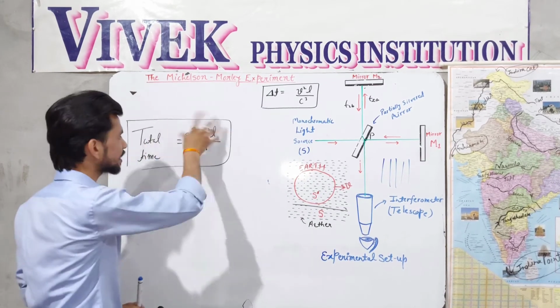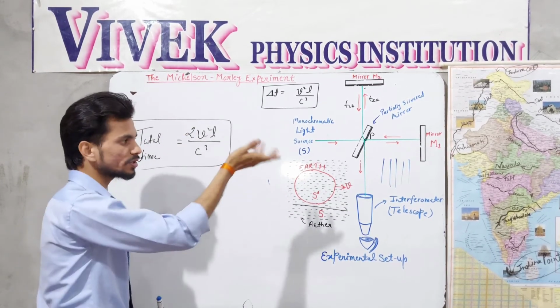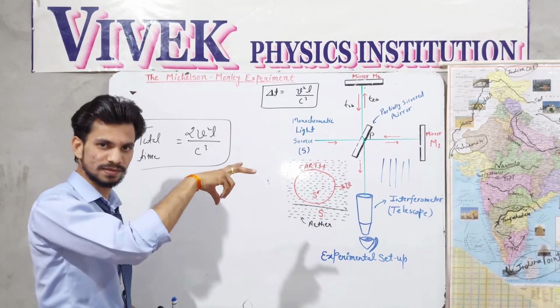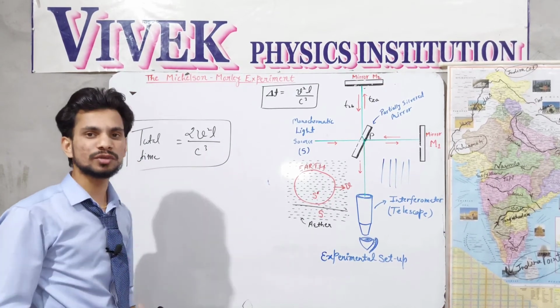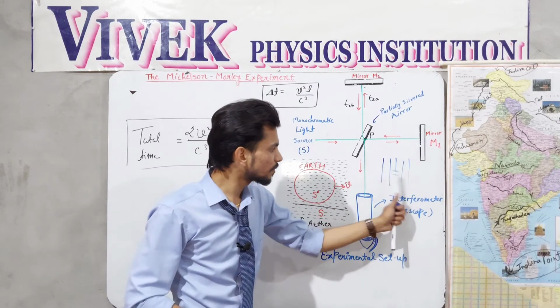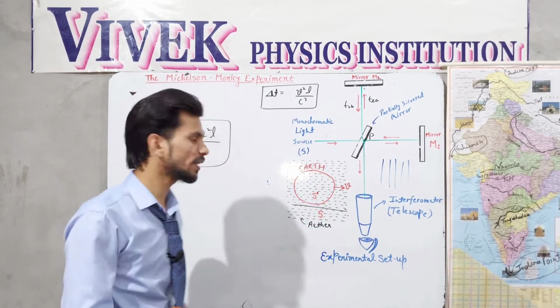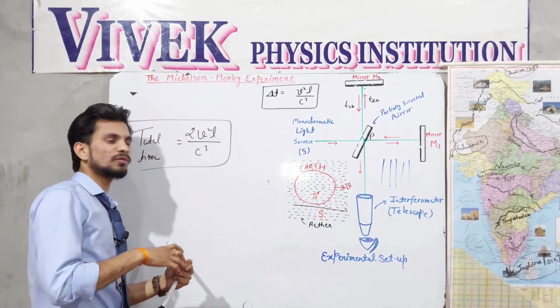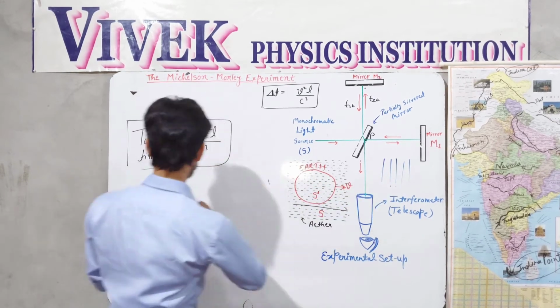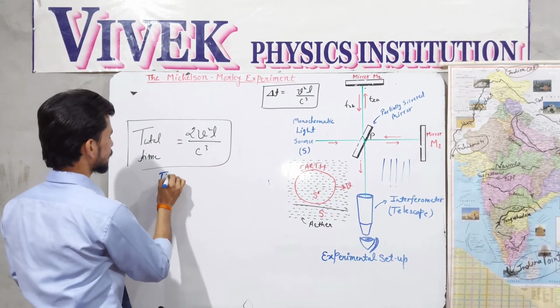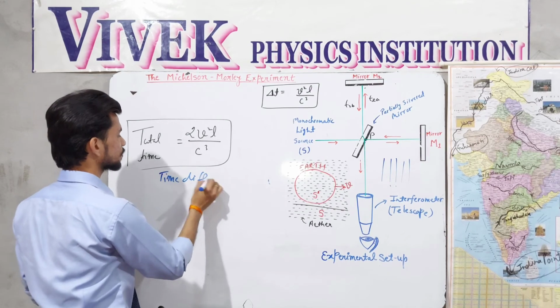How? This is the time difference, or total time, between these two particular rays in the two conditions. Now if I am interested in finding the particular fringe shift, then I should have, let me write it here, the time difference.